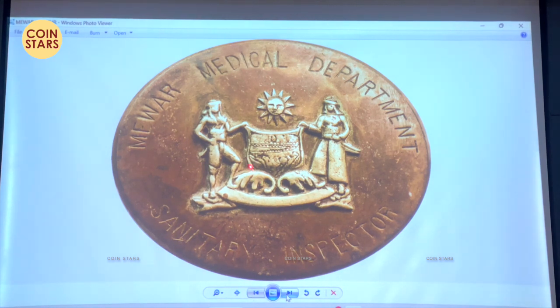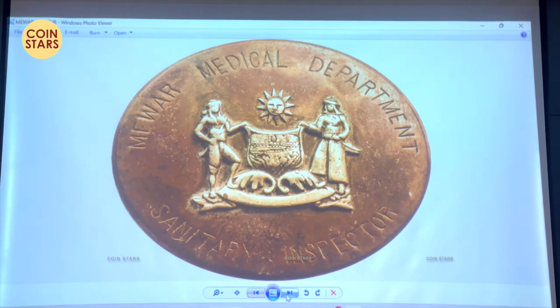This is Mewad Medical Department, Sanitary Inspector. Here we have this tribal one and the Rajput and the sun face here. Both are holding different kind of weapons. Here is a bow and arrow, and this one is carrying a sword.